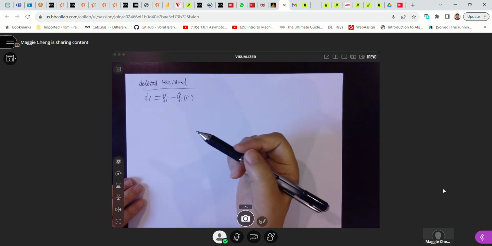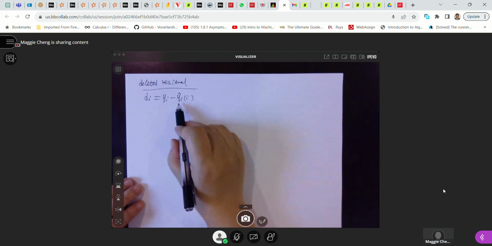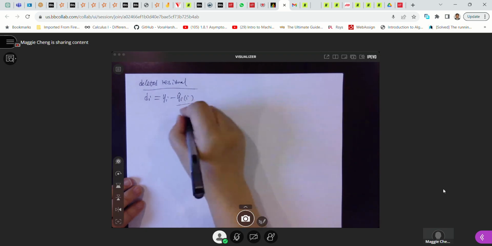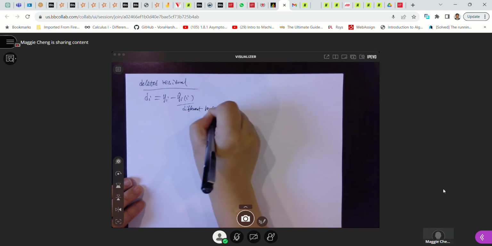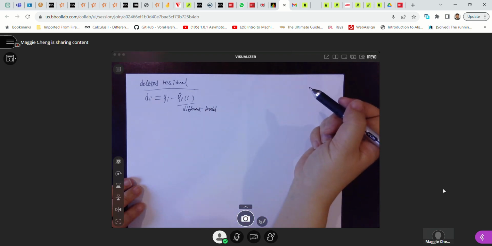You calculate your beta, all the slopes. Then use that function to predict what the value is at x_i. Then you compute the predicted value for x_i. So this one is basically coming from a different model. The model is created by using n minus 1 data points. Is that clear?